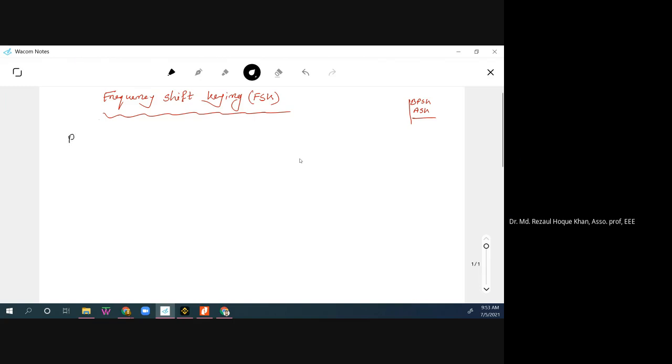Pulse P1 can be expressed as before, with the condition, and P2 is expressed as this.